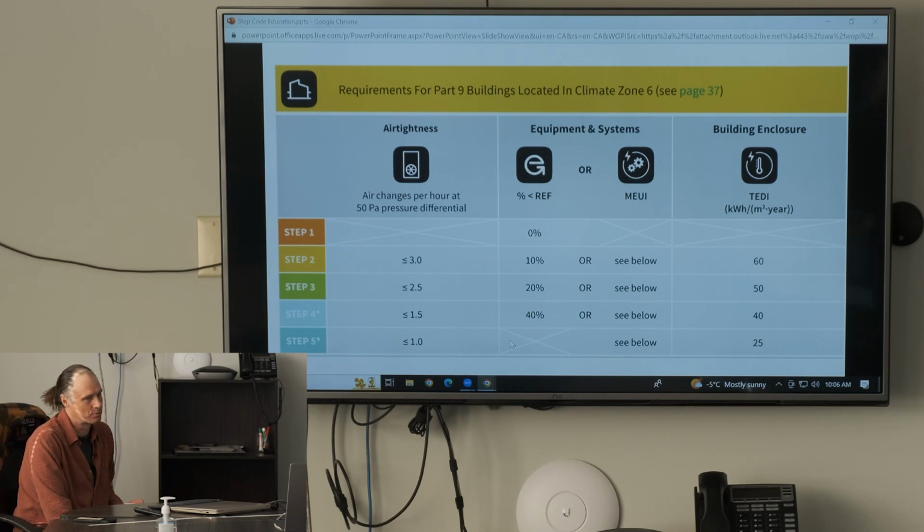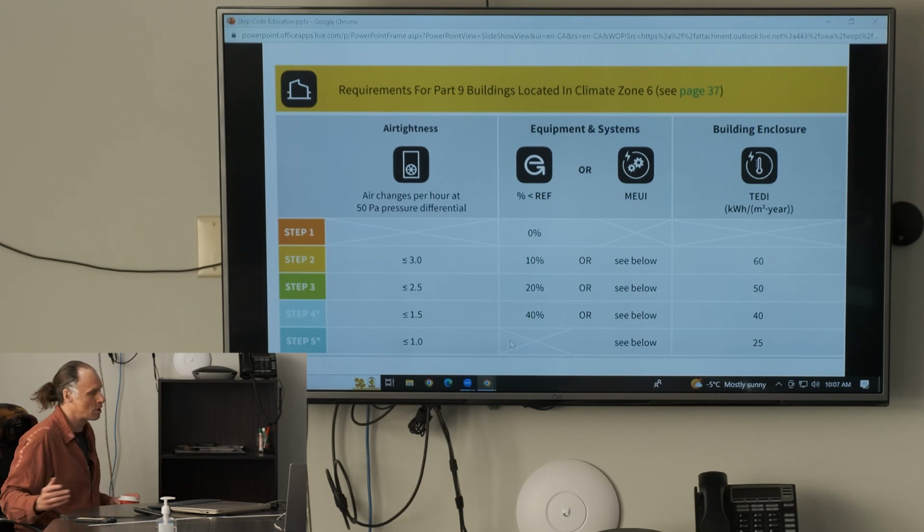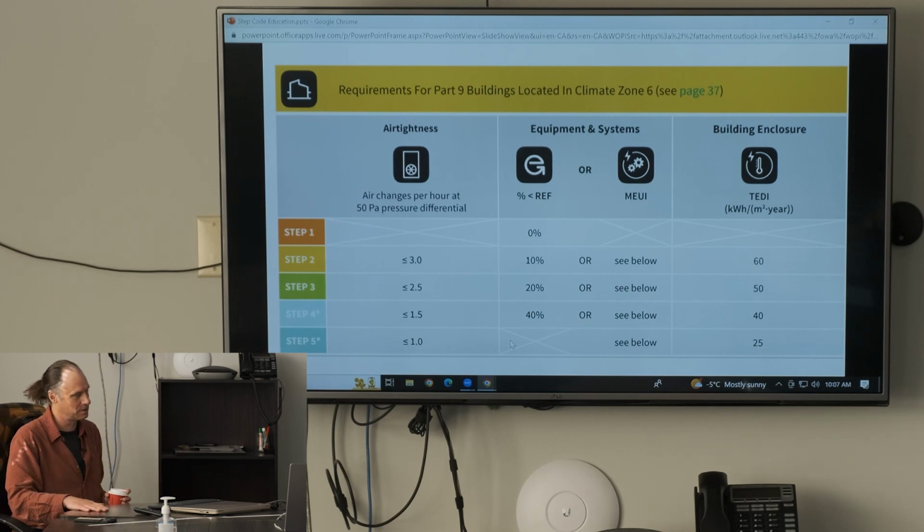Part of the issue with a really low air leakage is you don't have enough natural outside air replacing your indoor air, which can be an issue with brand new builds because you've got fresh paint, maybe even fresh carpet, and they're off-gassing. You want to have ventilation to deal with VOCs and everything. Yeah, deal with those VOCs, exactly.